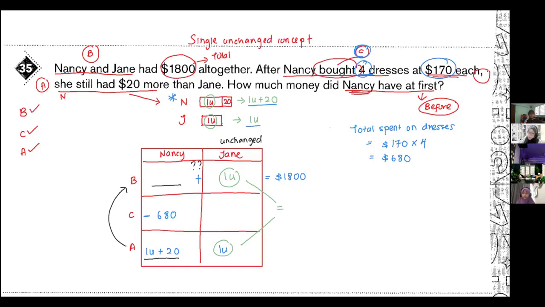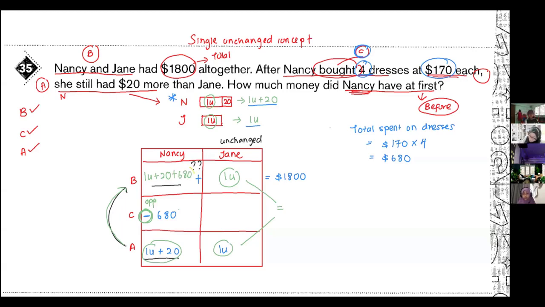Okay, I have to go backwards. How do I go backwards? So I bring up. Can you see the 1 unit plus 20, this one? I follow the arrow. I bring it up. So 1 unit plus 20. Then comes this one, right? Minus 680. When you go backwards, this sign minus will become opposite. So instead of minus, when you bring up, it becomes plus 680. Okay. So what is this information here?